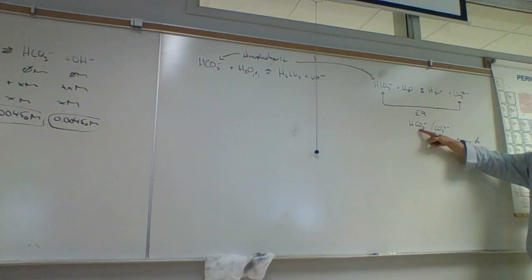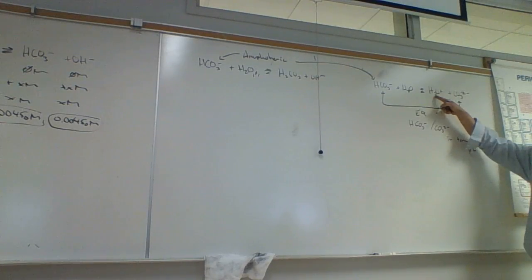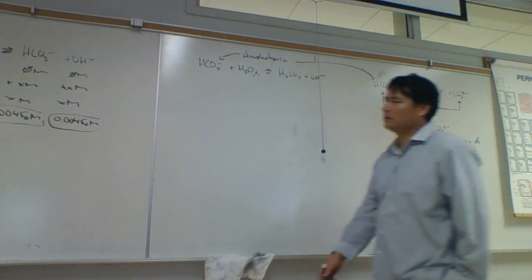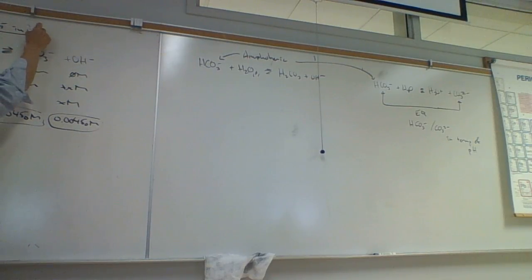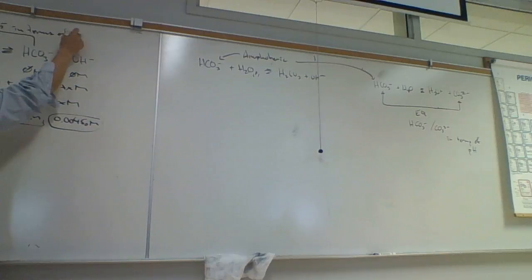So here, this is bicarbonate and carbonate in terms of pH, the power of the hydronium. But take a look at our original equilibrium. Our original equilibrium is the equilibrium between carbonate and bicarbonate in terms of pOH.